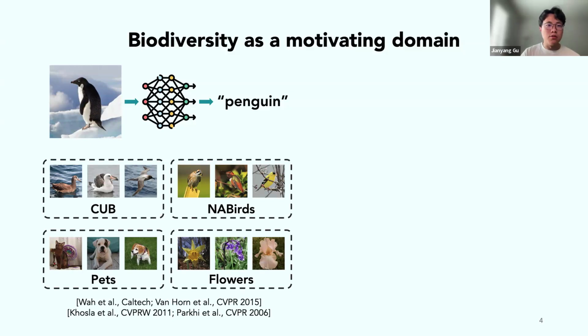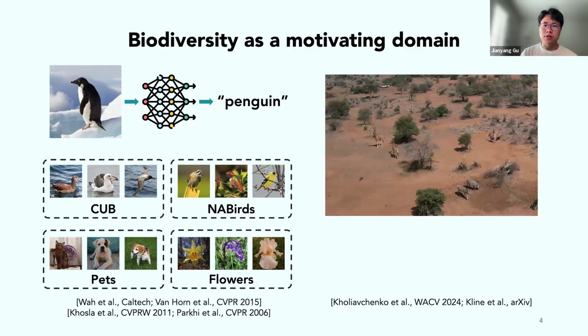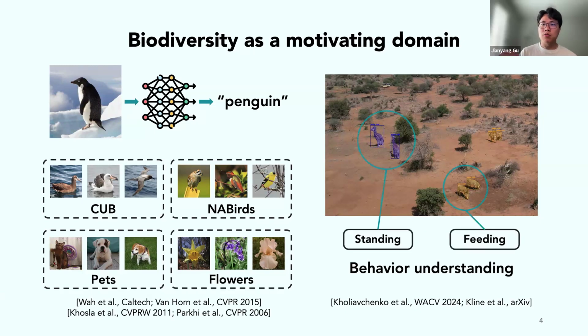And more recently, there are also some more challenging tasks. For example, we want to detect animals, we want to detect wildlife, and then we want to understand what their behavior is. So this is really a domain that has been connected to machine learning.